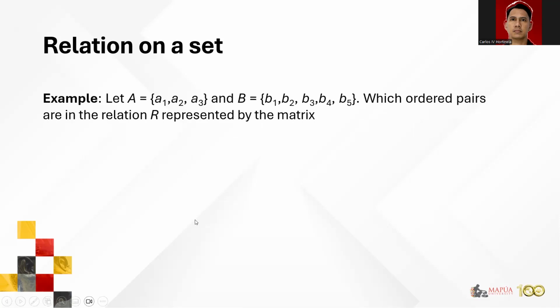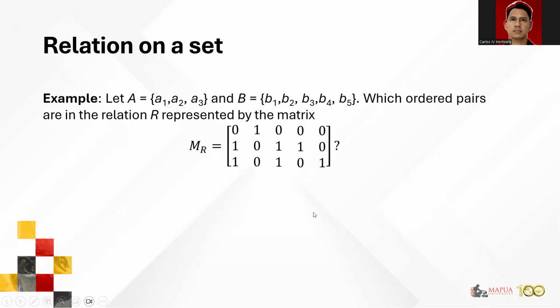Okay. So if I have this corresponding set A containing elements A1, A2, A3, and set B containing the following elements B1, B2, B3, B4, B5, which ordered pairs in your relation is represented by this given relation matrix?